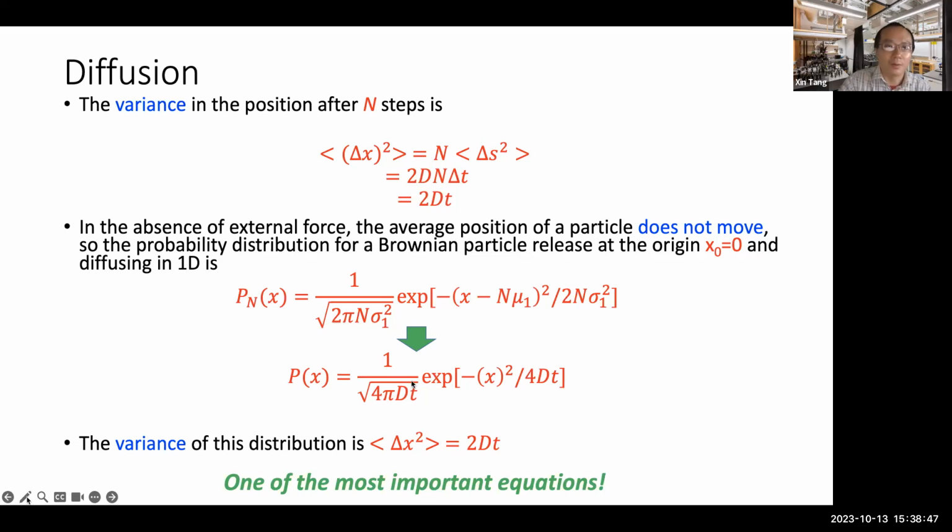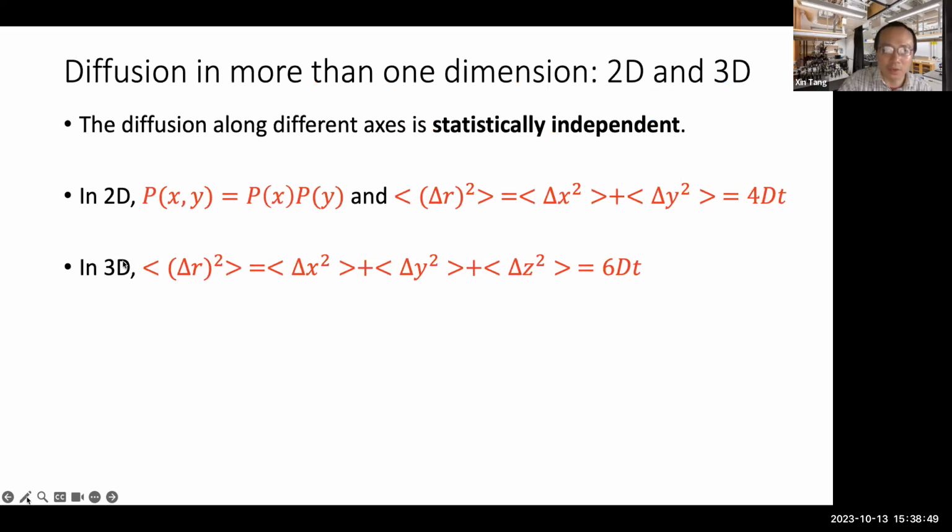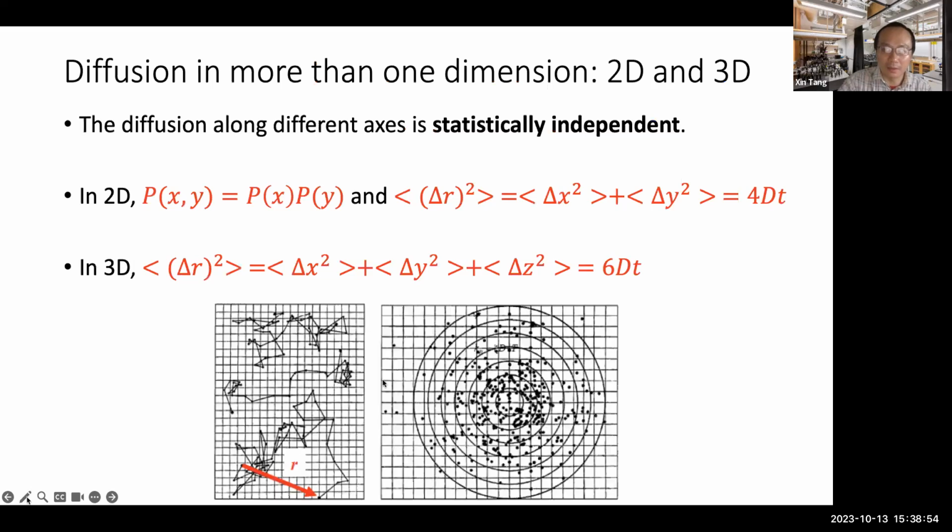We also talked about the 2D case and 3D case, so that's 4dt and 6dt respectively, and we explained the meaning of these particle trajectories in the last lecture.